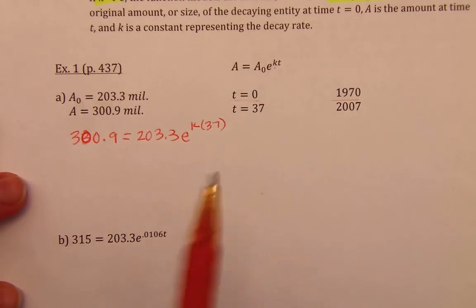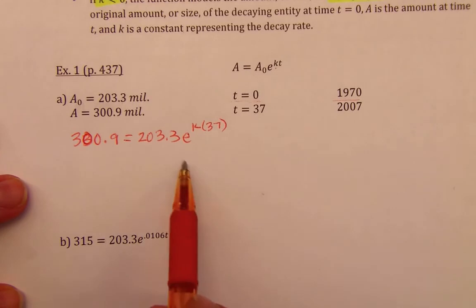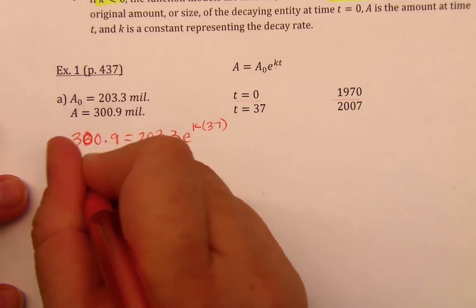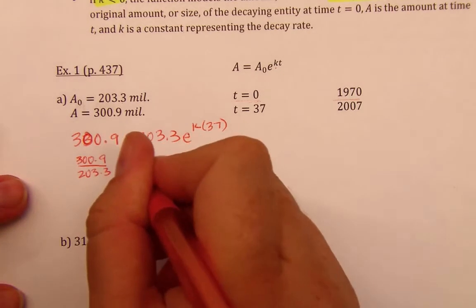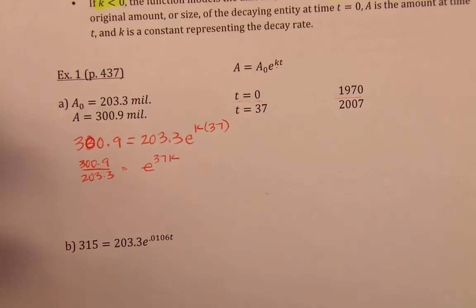Well, now we can just start working with this equation and using the tools that we have to solve for K. I can divide both sides by 203.3, so 300.9 over 203.3 equals E to the power of 37K.